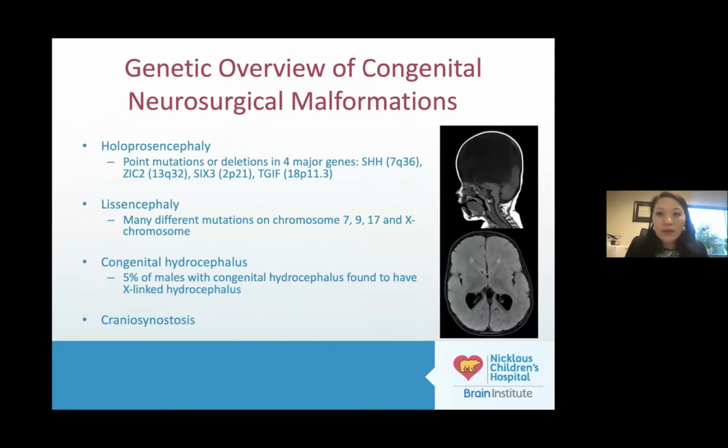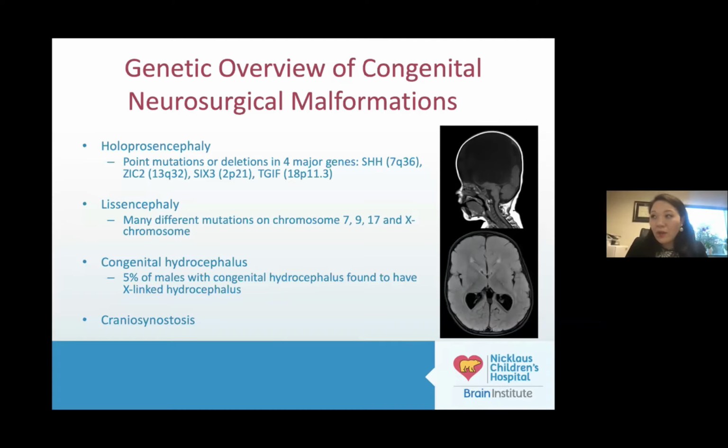Some common genetic abnormalities that I am speaking about today are holoprosencephaly in addition to lissencephaly. Holoprosencephaly is one of the most common developmental defects of the forebrain and midface. It results in incomplete midline cleavage of the prosencephalon, and we've recently identified 4 major genes associated with holoprosencephaly, in addition to several minor genes that probably act together in some way to develop this condition.